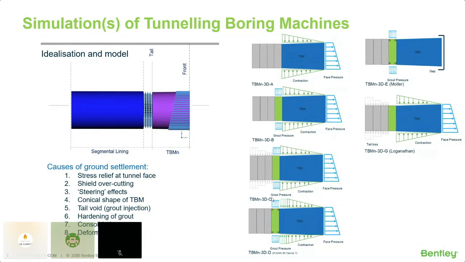Similarly, Loganathan only considered three losses: one at the face due to the face pressure, one at the middle, or shield loss, due to the gap between the tunnel shield and the excavated surface, and third, at the tail loss due to the gap between the grout and the excavated face. So using a very simple model you can also get the correct result.